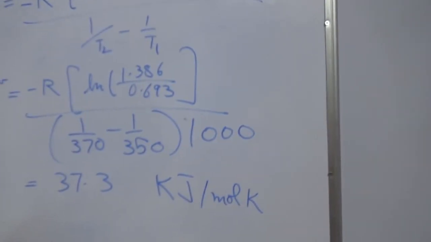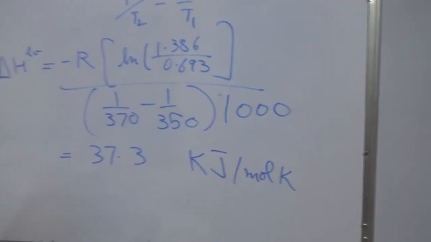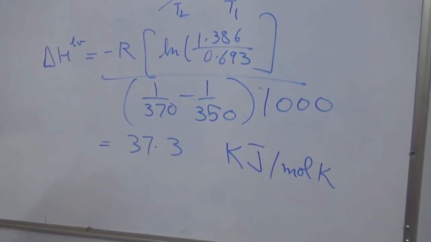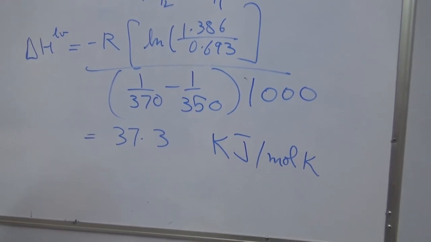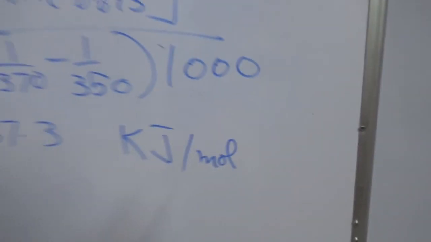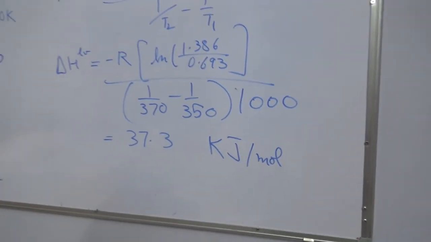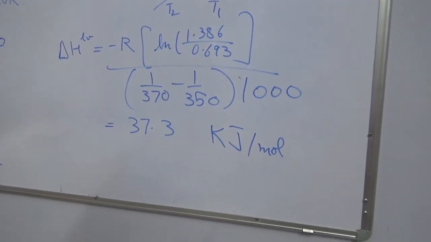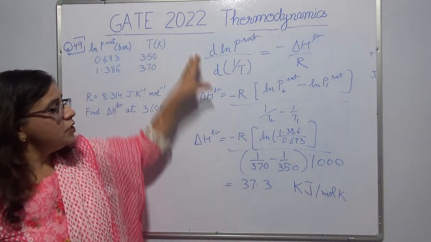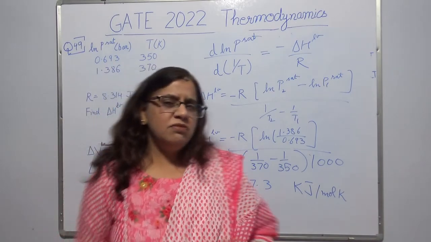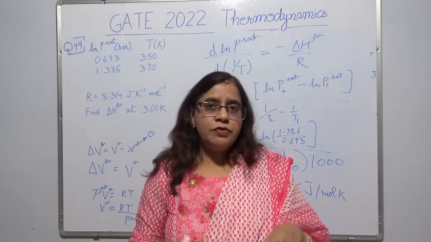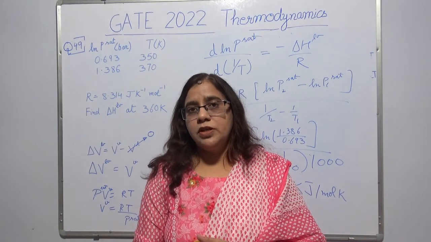Just keep in mind that the units of heat of vaporization are kilojoules per mole. The Kelvin should not be here, so I just made a mistake, and I am correcting it right now. So the units are kilojoules per mole. Once you know this equation, the Clausius Clapeyron equation, you can solve it within 1 minute. It's a 2-point question, and you can solve it if you remember your Clausius Clapeyron equation.